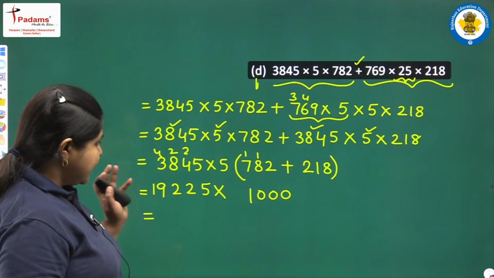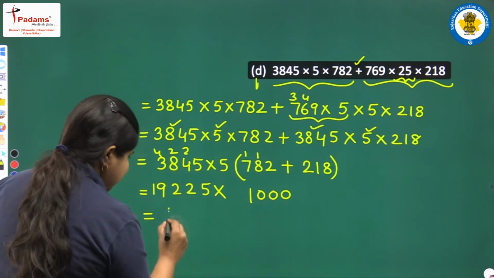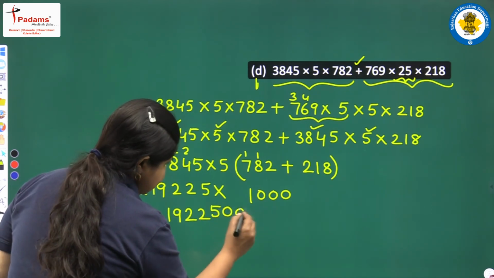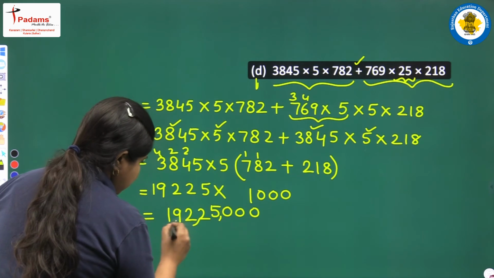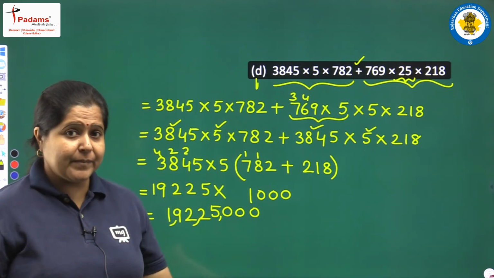Now we are getting 1000 and now simply multiply, we get the answer immediately and 3 zeros. If we mark the commas, it's 1,92,25,000, such a big number.